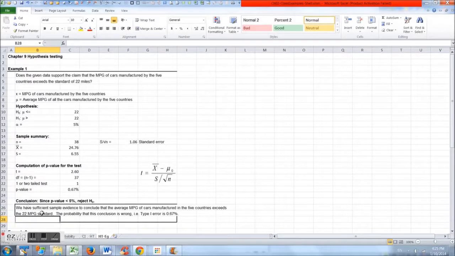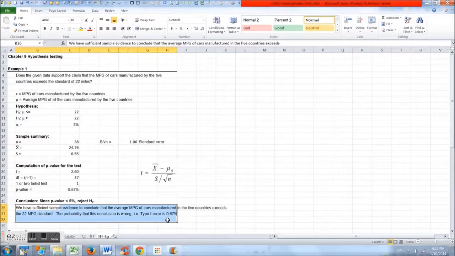So the interpretation has 2 parts. One part is to describe the conclusion. The second part is about the probability of type 1 error.